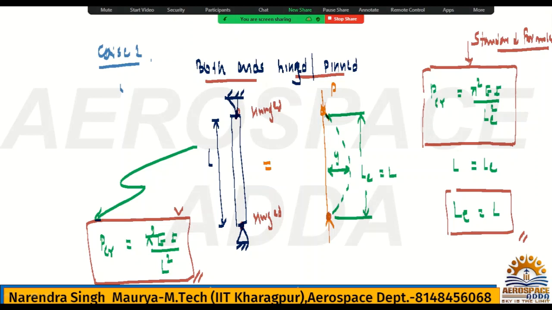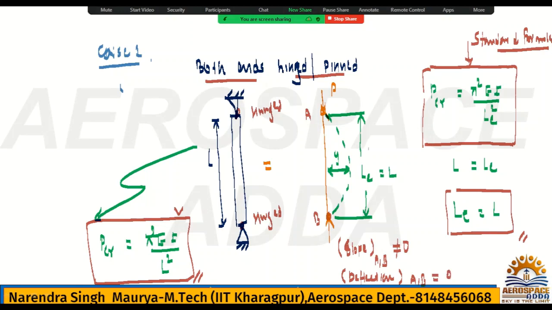One more thing I wanted to tell you. See here, at end A and at end B, the slope at A and B will not be 0, but this you also need to remember: deflection at A and B will be 0.